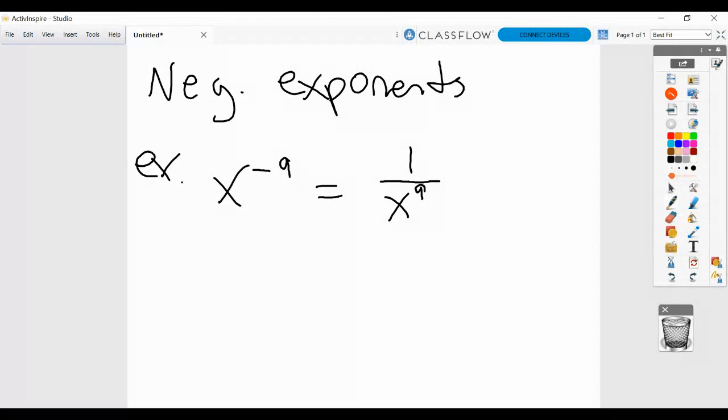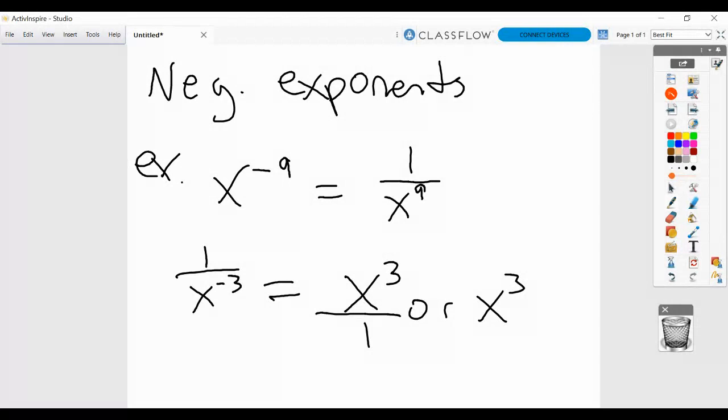Okay, so you could also have something like 1 over x to the negative 3. So you want to get rid of that negative exponent. So since this is 1 over, you still flip it, but now you just say x to the third over 1, or just x to the third. Okay, so that's how negative exponents work.